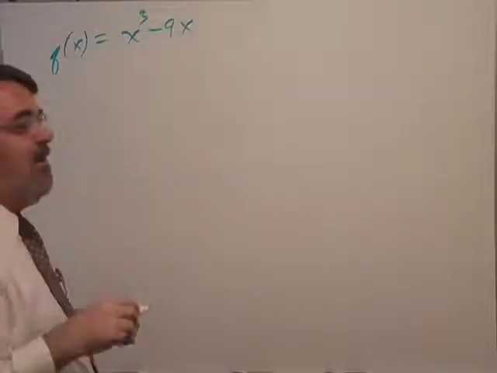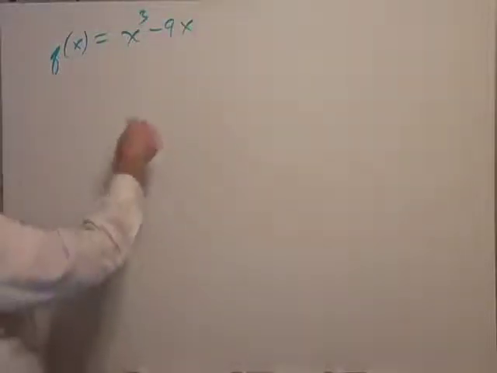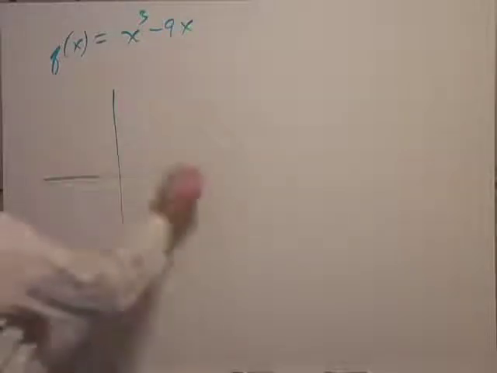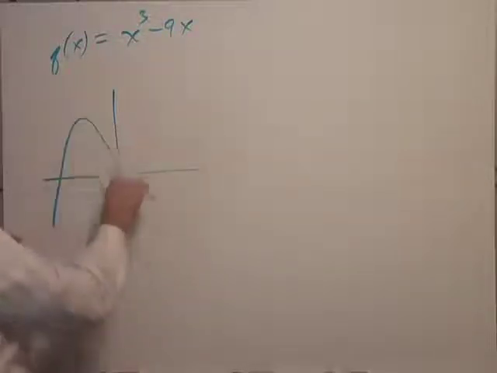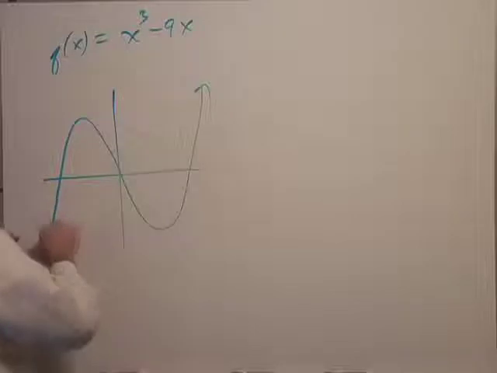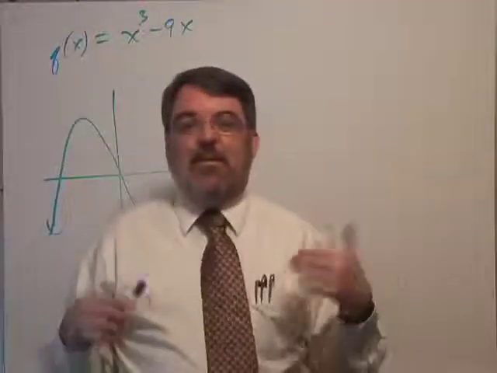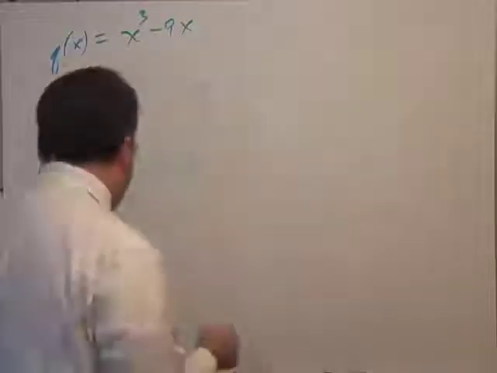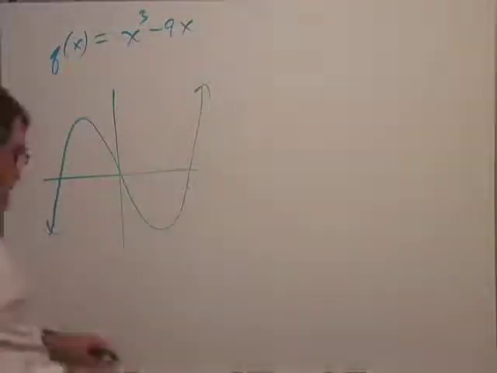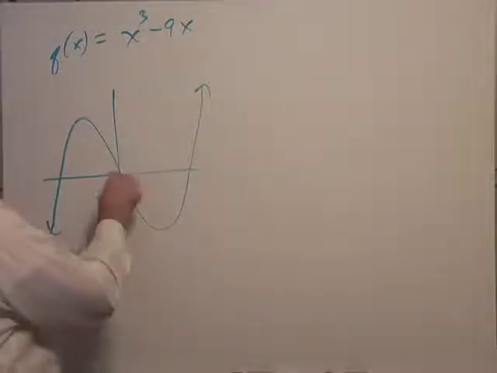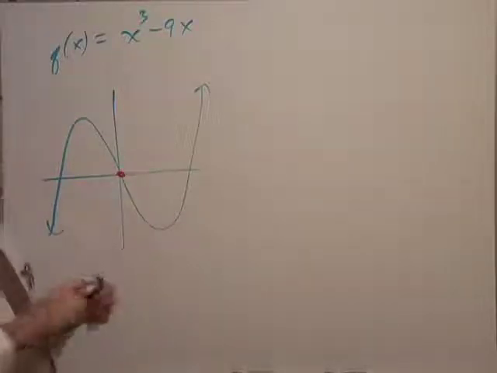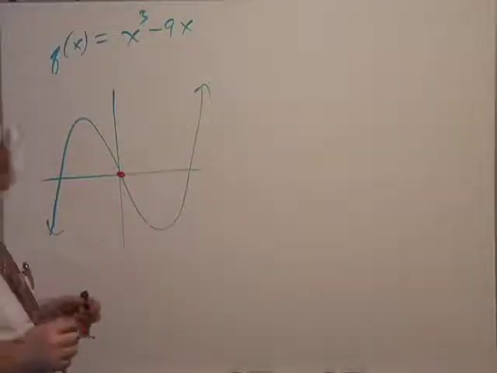It's one of my favorite third degree polynomial functions. The graph looked like this. That's a shape you'll learn about in a later chapter called the cubic polynomial shape. It has two turns to it. And this center point here is the point of symmetry.